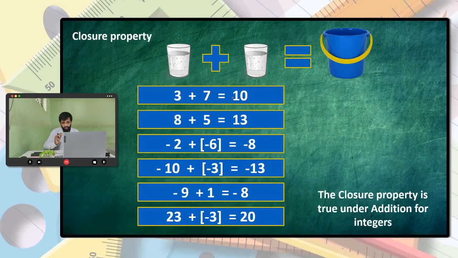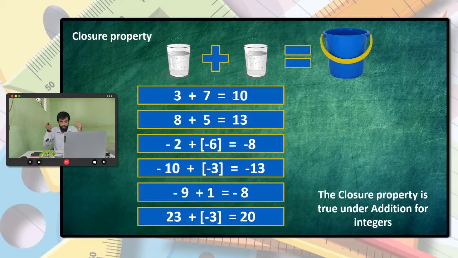Now if you notice carefully, in all these examples, all that I have done is taken two integers and just added them to see whether we get an integer or not. Now this closure property could be applied for two integers in subtraction, multiplication, or division. Remember that closure property just gives you an idea of what you have to do.